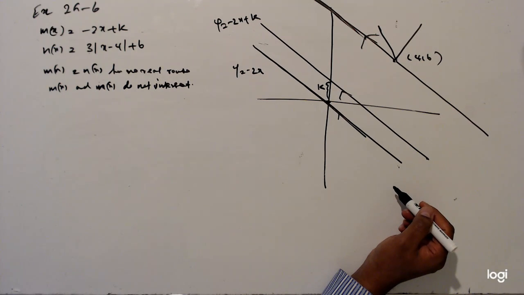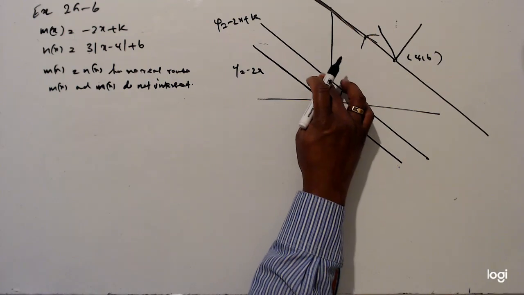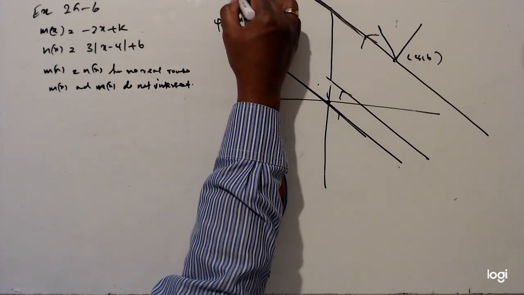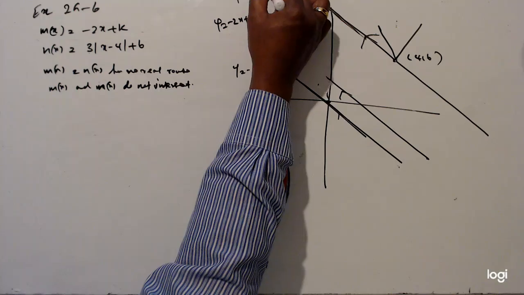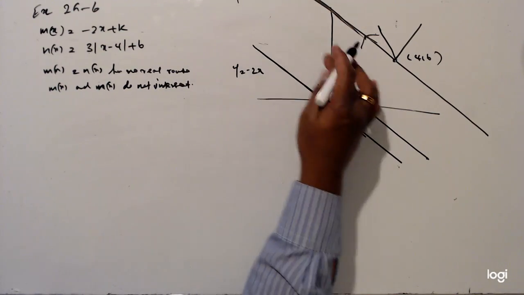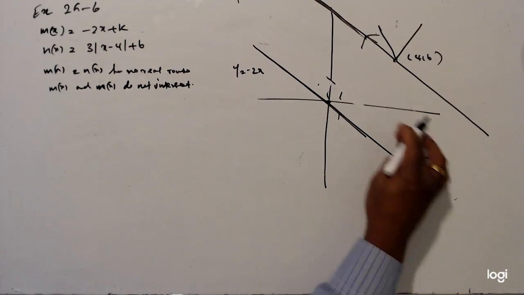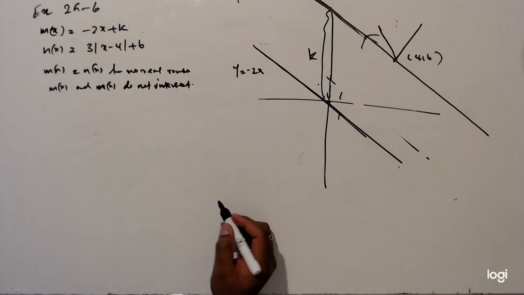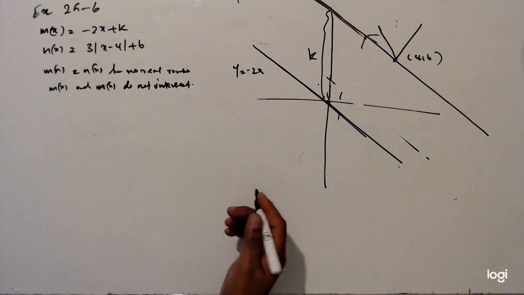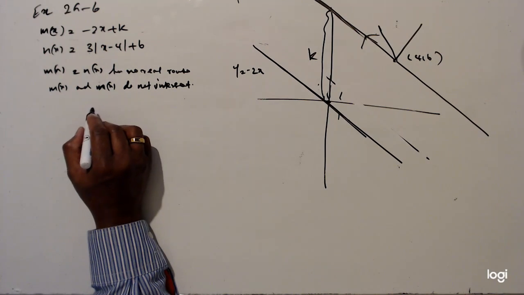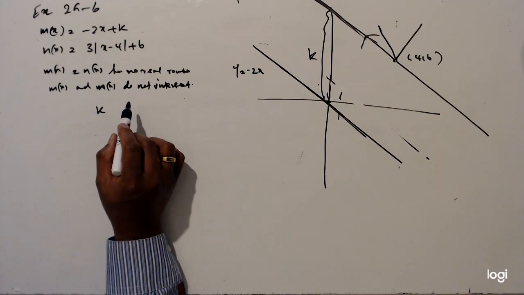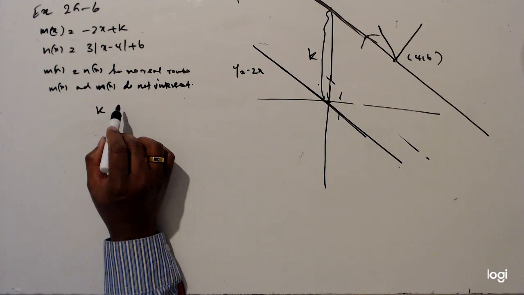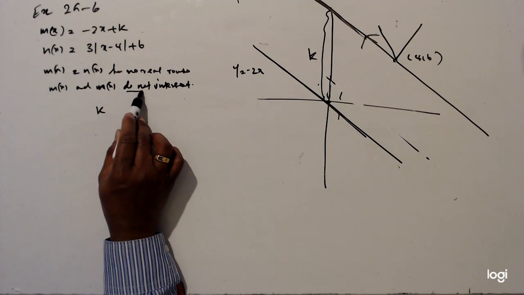Now there is an intersection. Then the new k value is, now this is y equal minus 2x plus k. So this is the height of k. Now we need to find the range of possible values for k so that they do not intersect.